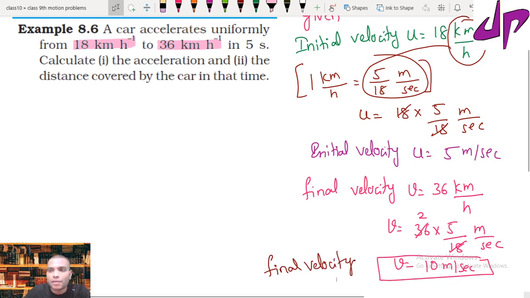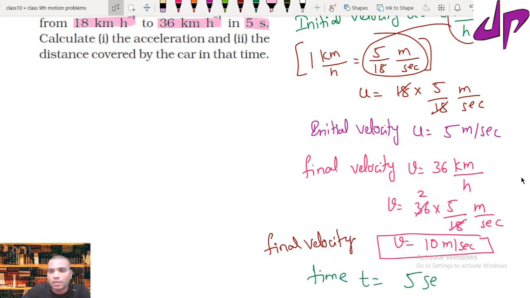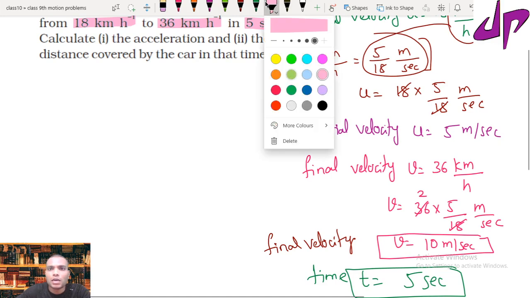And in the problem they are giving one more value, that is time t equal to 5 second. So these are the three values we have: initial velocity, final velocity, and time.